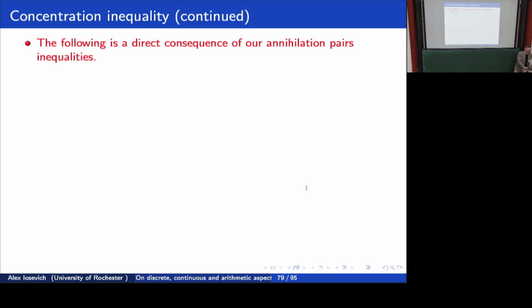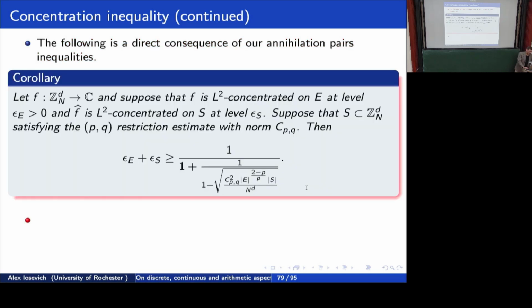And the following is a direct consequence of our annihilation pairs inequalities, and I'm going to compare it to the Donoho-Stark estimate in a moment. So f is a signal, f is L2 concentrated on E, and f hat is L2 concentrated on S, with constants epsilon_E and epsilon_S respectively.